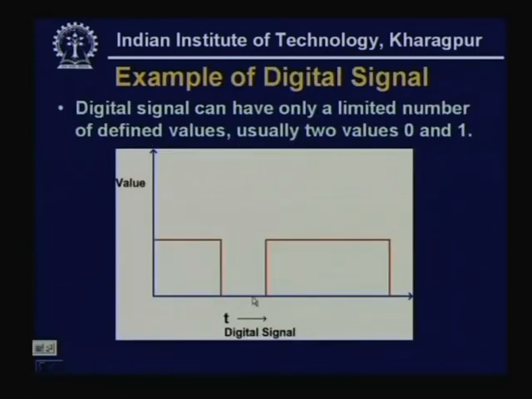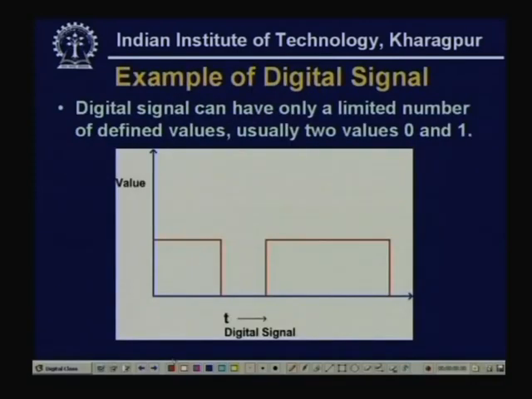Similarly, a digital signal can have only a limited number of defined values, usually two values, zeros and ones. For example, say this is 0 volt, and here it is say plus 5 volt. 0 volt can be considered as 0 logic level and plus 5 volt can be considered as 1 logic level.